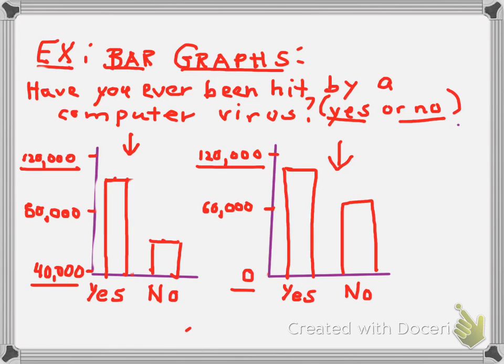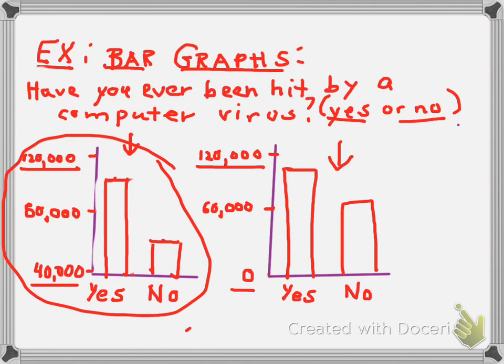As you can see, the differences are exaggerated on the left-hand side, where the scale started at 40,000. Most of the time, when you're doing a bar graph, you should start your vertical scale at 0, so as not to exaggerate the results in a way that makes the results presented unfairly.